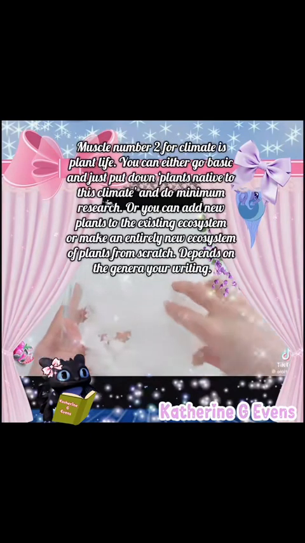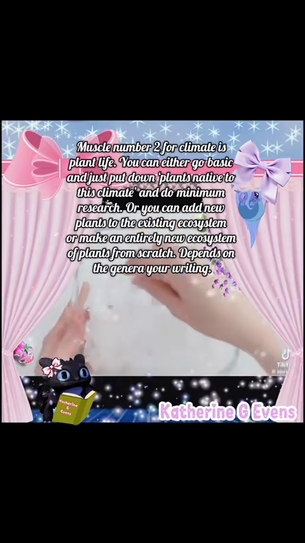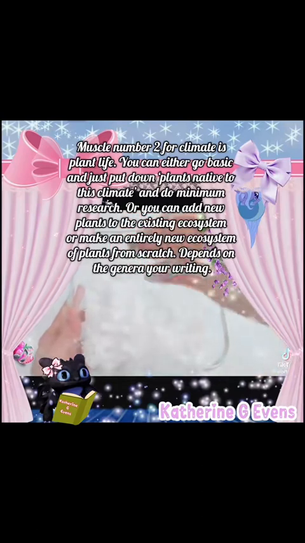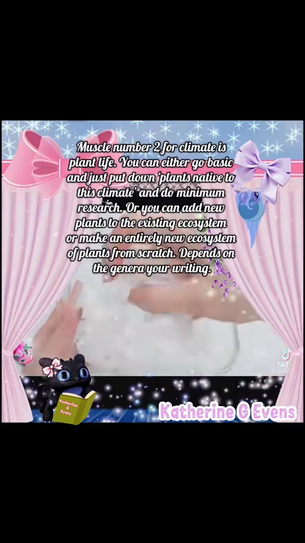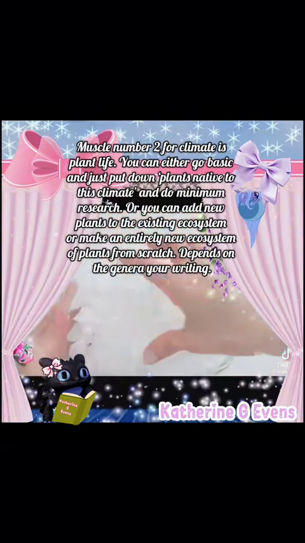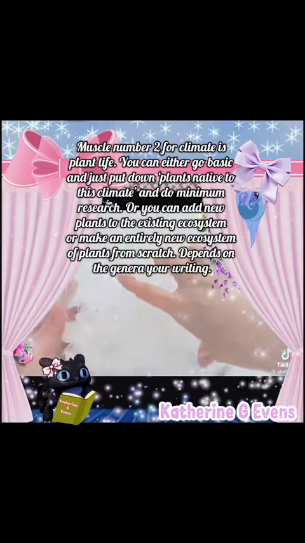Muscle number 2 for climate is plant life. You can either go basic and just put down plants native to this climate and do minimum research, or you can add new plants to the existing ecosystem or make an entirely new ecosystem of plants from scratch.